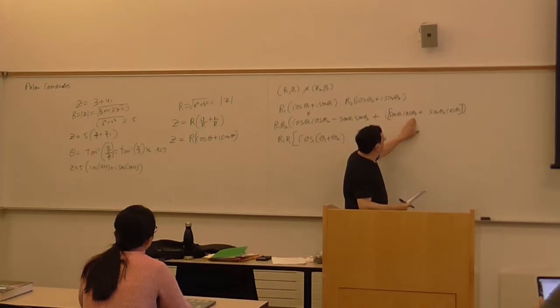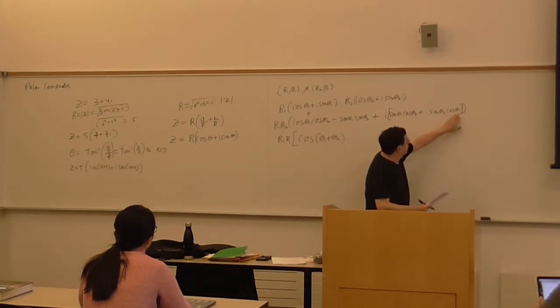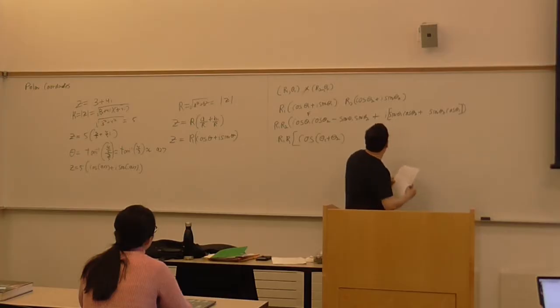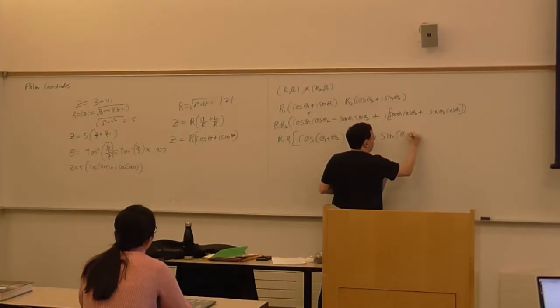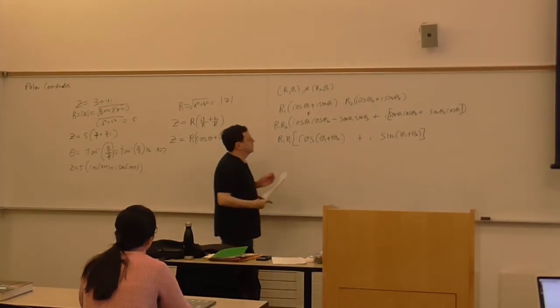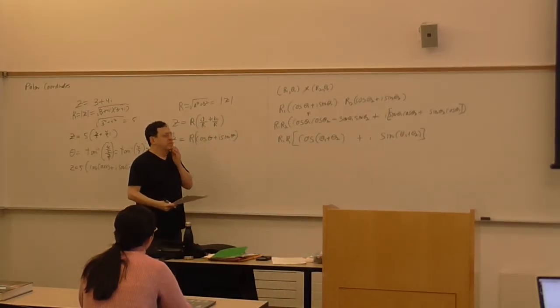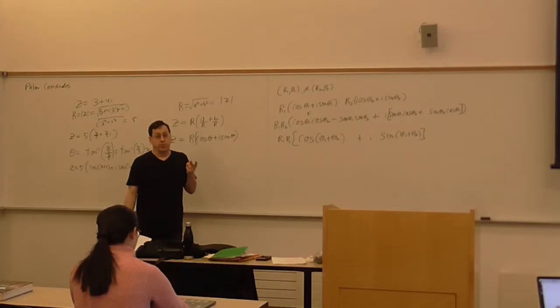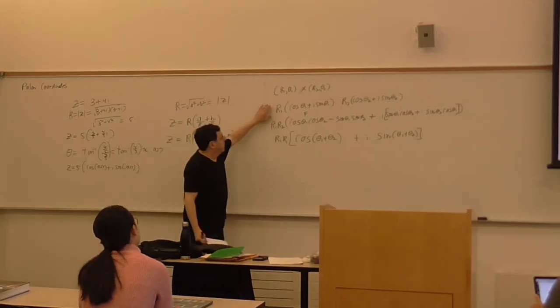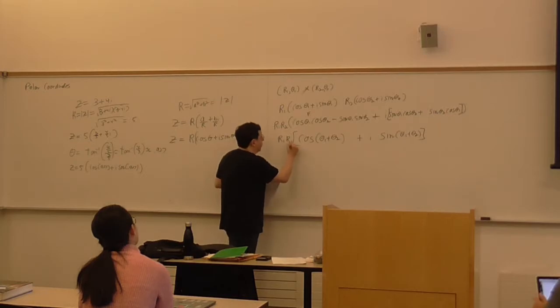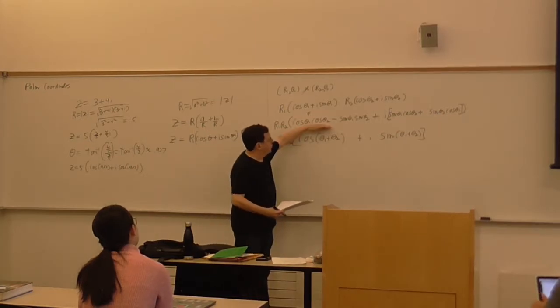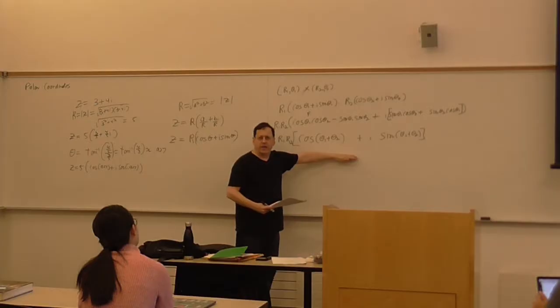Sine theta 1 cosine theta 2 plus cosine theta 1 sine theta 2. That's just i times sine of theta 1 plus theta 2. That tells us something really interesting about multiplying two complex numbers in polar form. The moduli, the radii, we just multiply those. That's not a surprise. But the angles, we just add the angles.